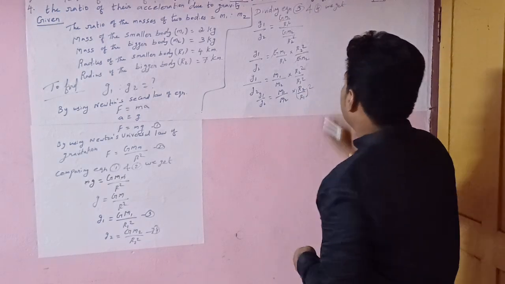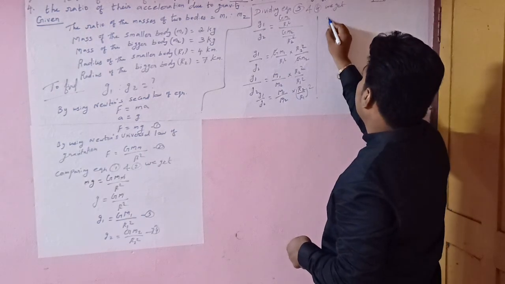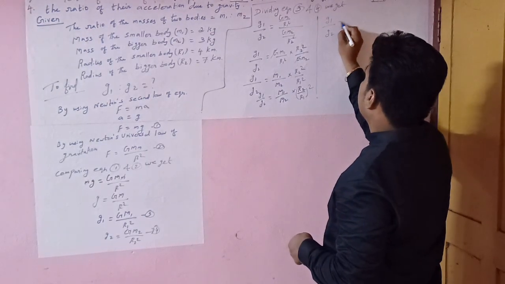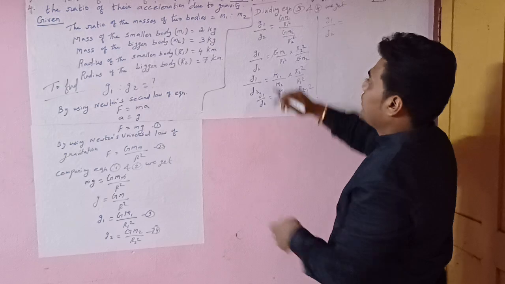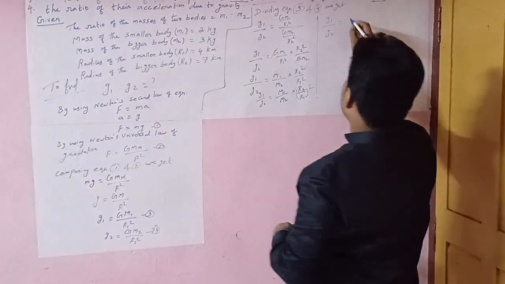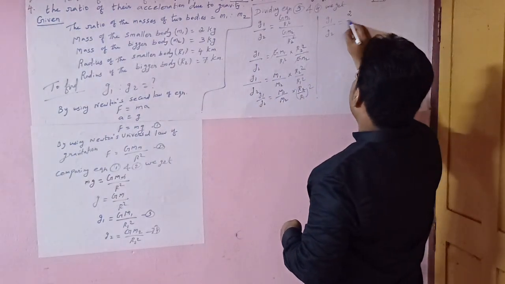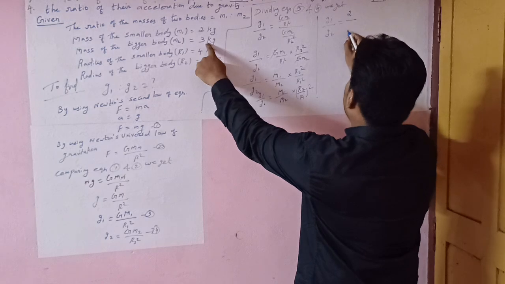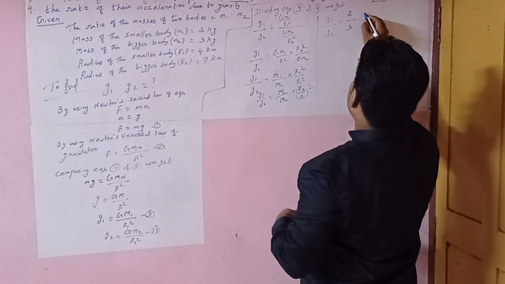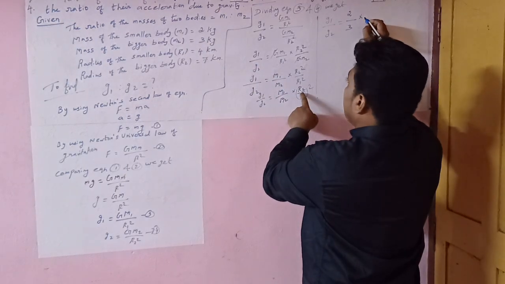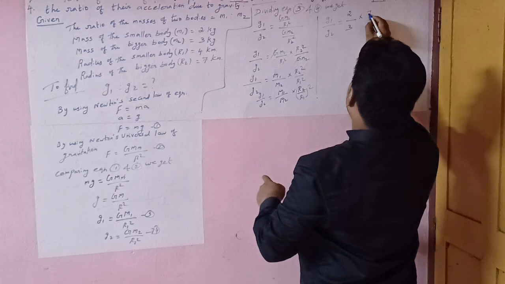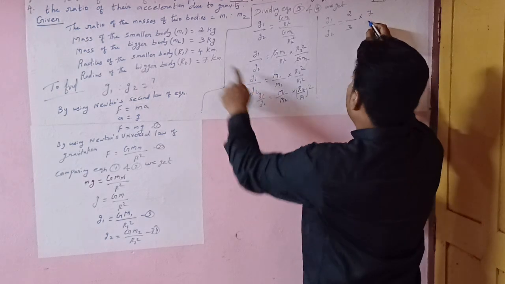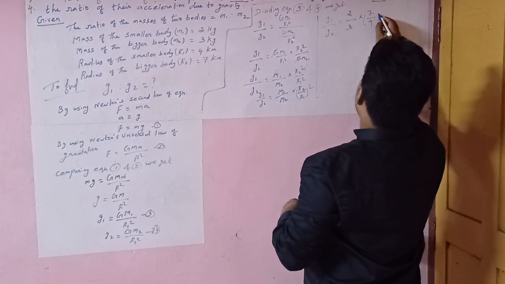So you have to substitute the values. g1 divided by g2 is equal to 2 by 3 into 7 by 4 whole square.